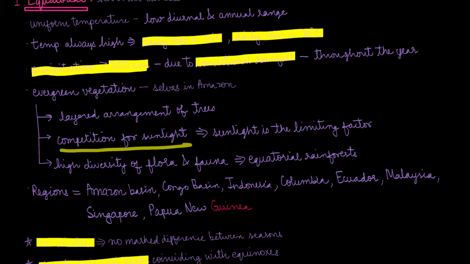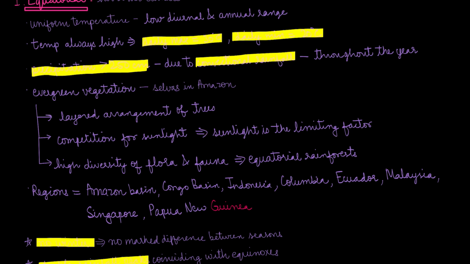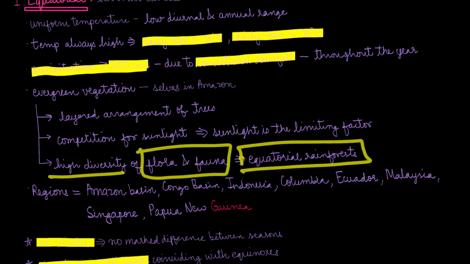There's competition for sunlight because sunlight is the limiting factor over here. You could see trees trying to climb over one another in order to gain sunlight. Because of the rich vegetation, there are so many trees that have to compete for sunlight. Then there is high diversity of flora and fauna in the equatorial rainforest.